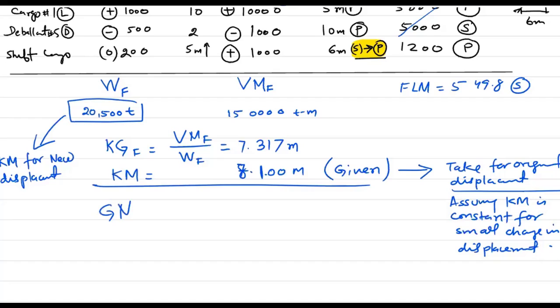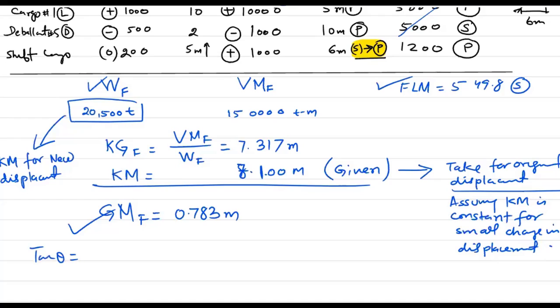Let's find out GM final. KM minus KG: 8.1 minus 7.317 is 0.783. So we have GM final, we have the final list moment, we have WF.